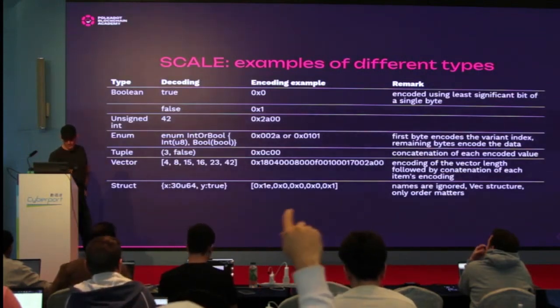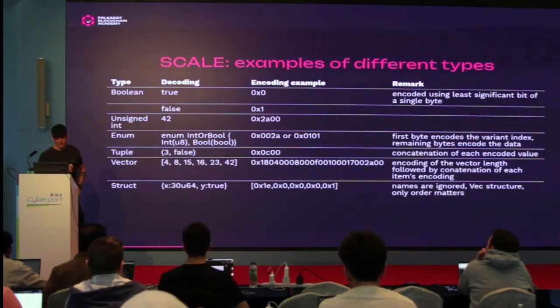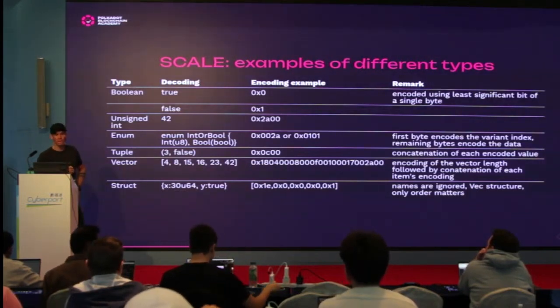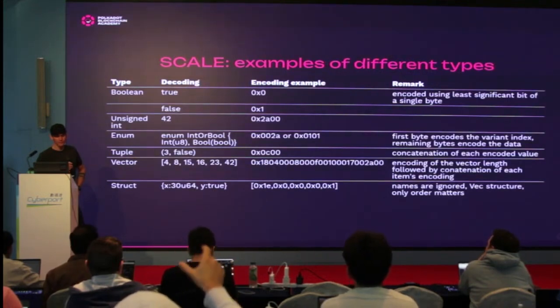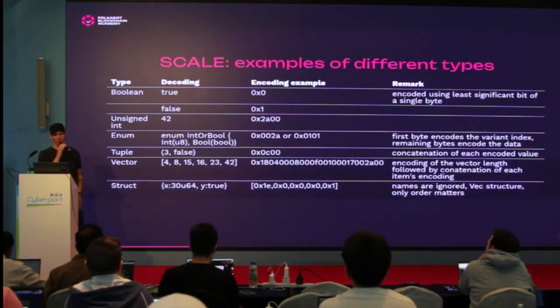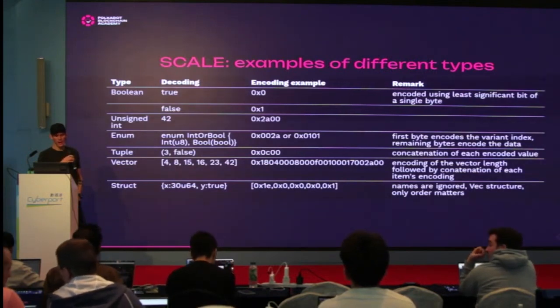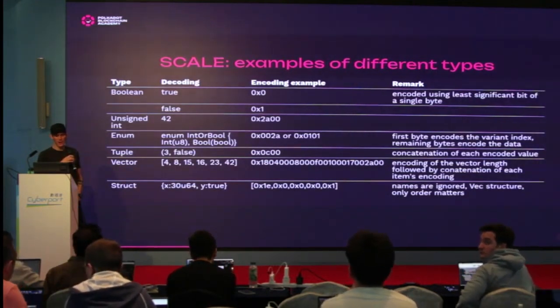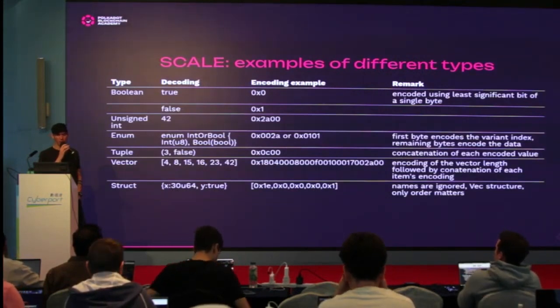I wanted to ask a question about the order. You said that the order is important, so what's your recommendation? Should we start with a bigger size first and then reduce it? Why would you start with a bigger size first? I mean, what's a better practice to allocate the fields inside the structures? Do you mean for a tuple?